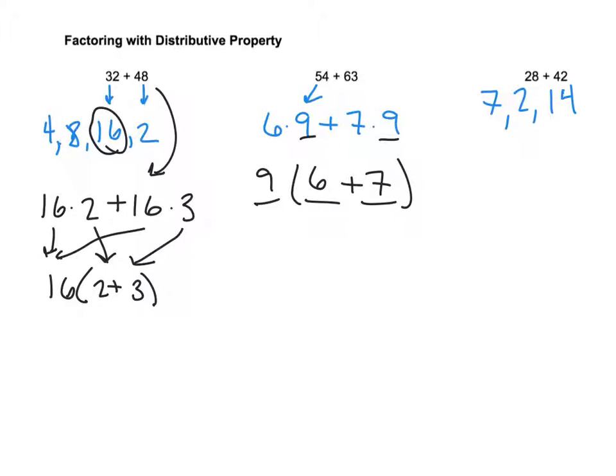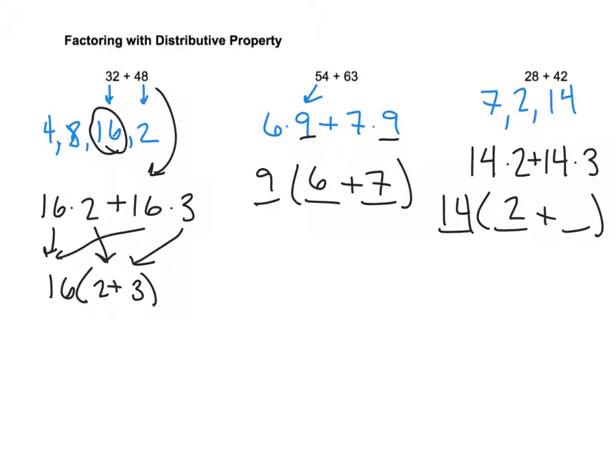So, I can rewrite this now as 14 times 2 plus 14 times 3. And now, if I set up my distributive property factoring, I'll write my 14 on the outside, and then I've got 2 plus 3 on the inside.